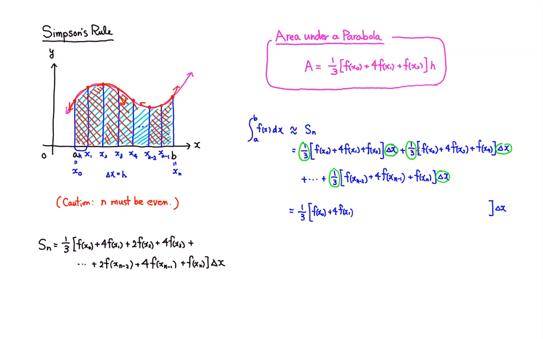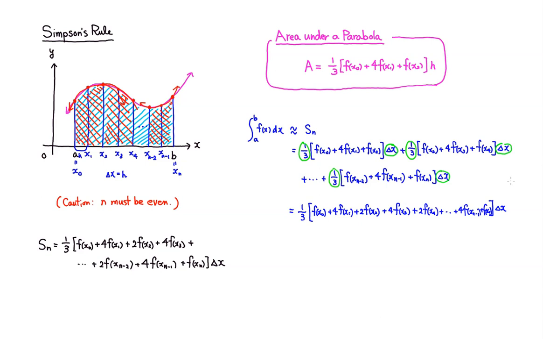Then you can see there's overlap: f of x2 shows up twice, so you have 2 times f of x2. Next is 4 times f of x3, and f of x4 shows up twice, so 2 times f of x4, and so on. The last one is 4 times f of x n minus 1 plus f of x n. Barely made it in there.